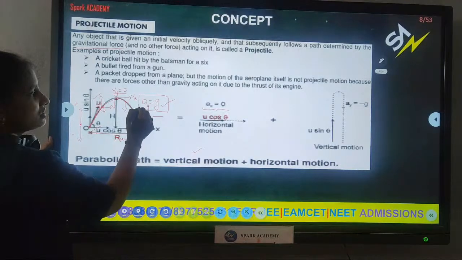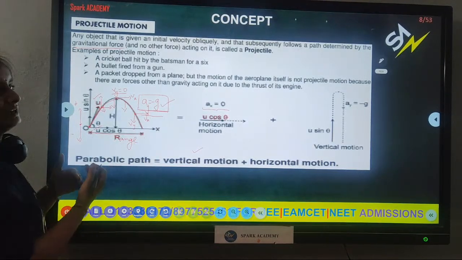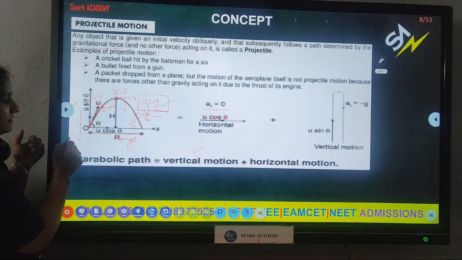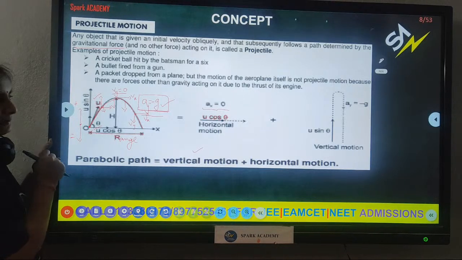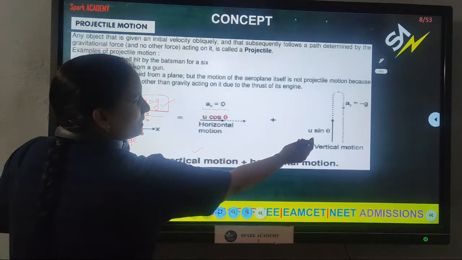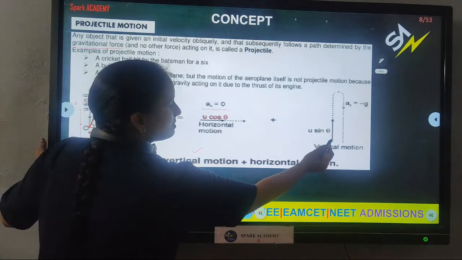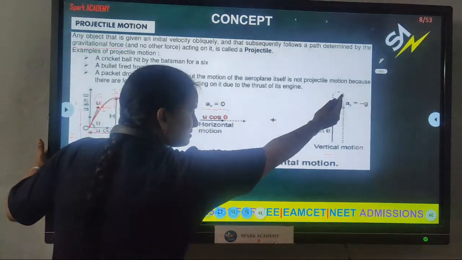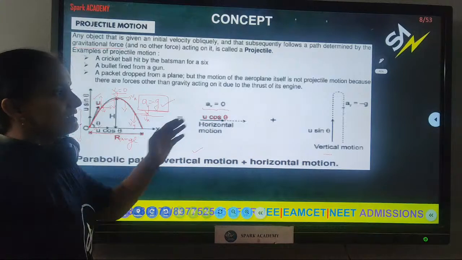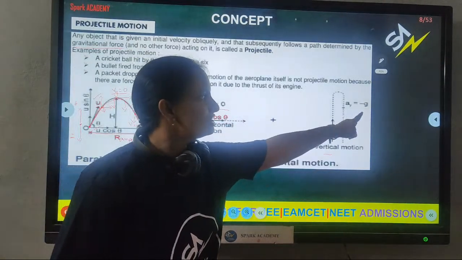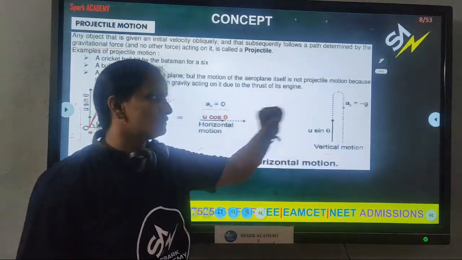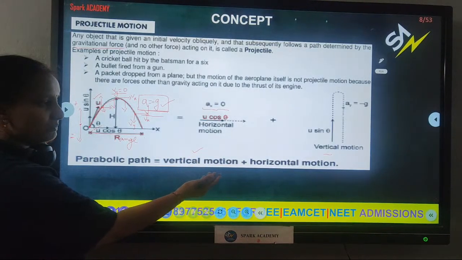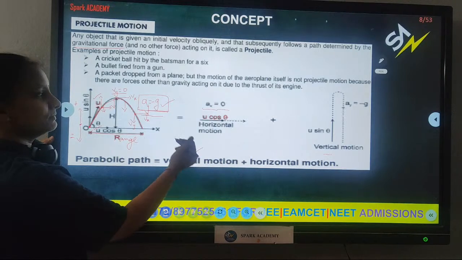So acceleration acts vertically downwards, but from the origin it is showing downward, which follows the sign convention negative. So here you can see in this vertical motion, the u sin theta component is acting vertically. Of course, it follows again, it reaches down, which is determined by the gravitational force. So the parabolic path is nothing but vertical motion plus horizontal motion.